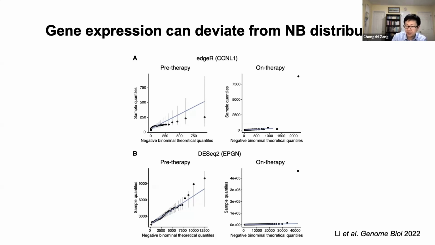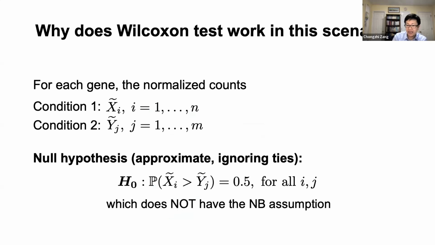So the negative binomial assumption can no longer hold. Which is why the commonly used DESeq2 or edgeR can exaggerate the false discoveries and report a lot of differentially expressed genes, although in fact they should not be reported as differentially expressed.